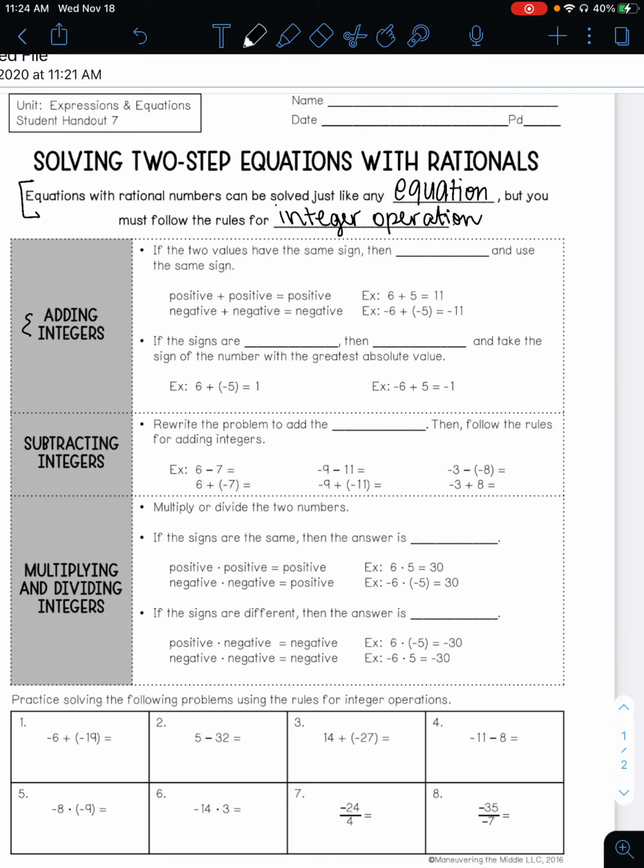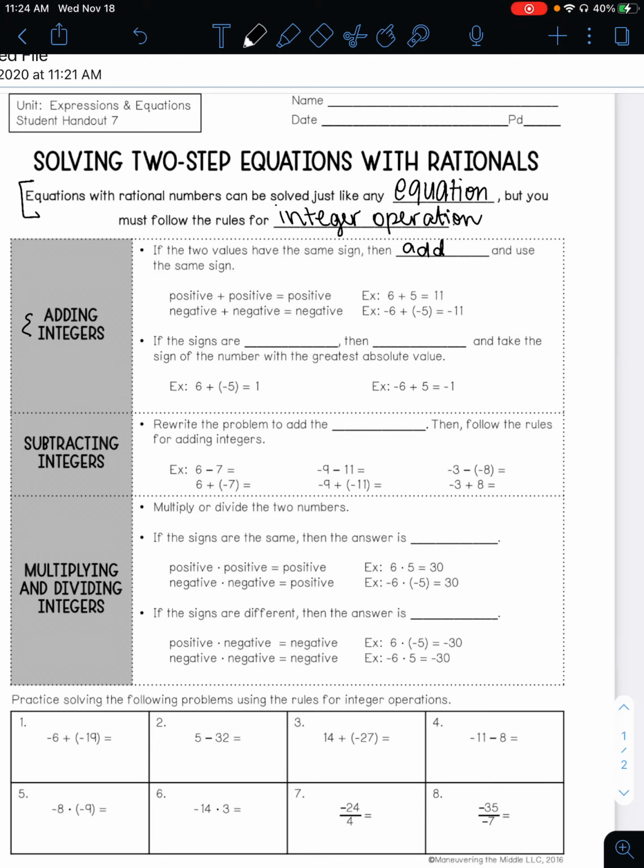If the two values have the same sign, then you add and use the same sign. Makes sense. If they both have the same sign, you simply add them together and keep the sign. A positive plus a positive is positive, and a negative plus a negative is negative.